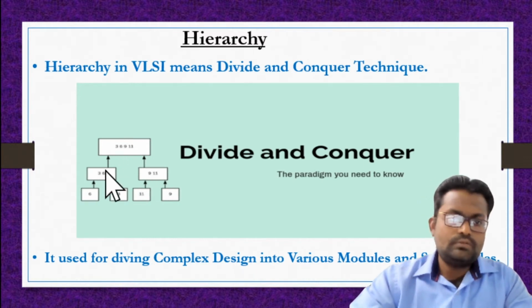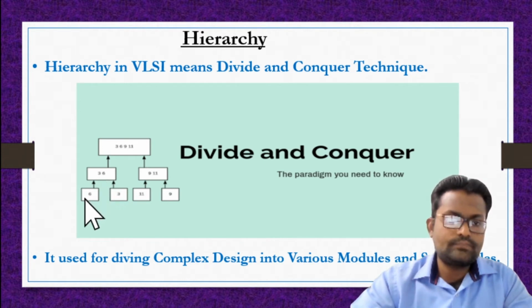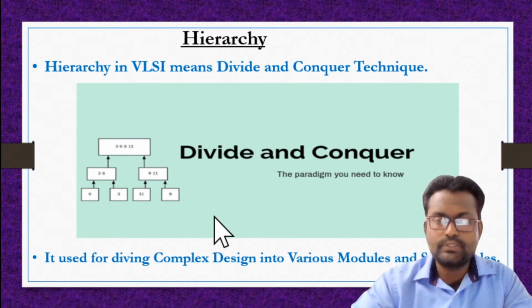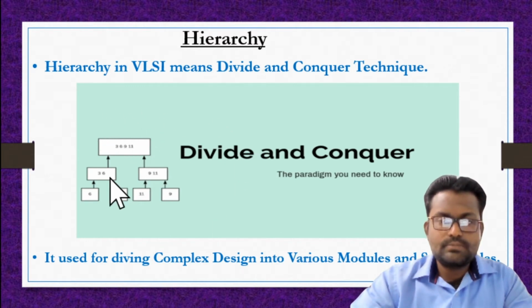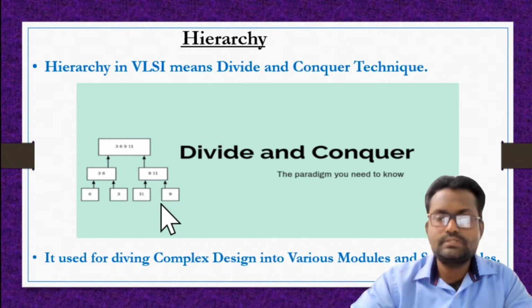Now these modules are further divided into two parts, 3 and 6 individually, and 9 11 is split into two submodules, 9 and 11 individually. So this system is first divided into modules, then these modules are further divided into submodules.